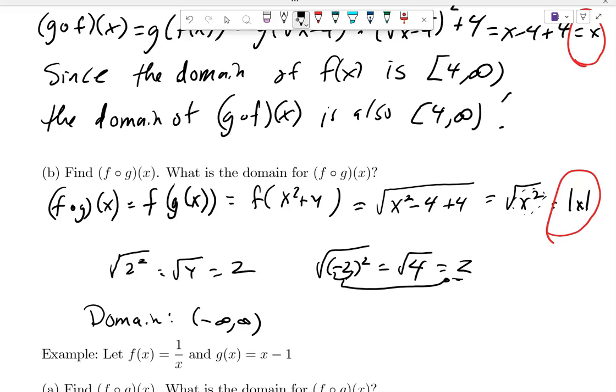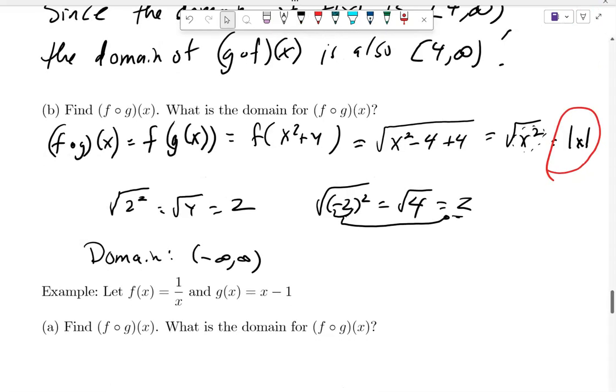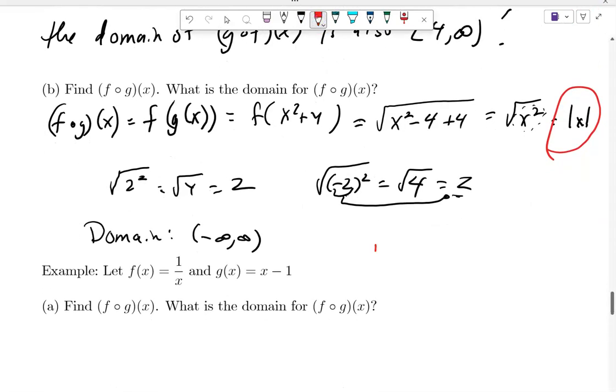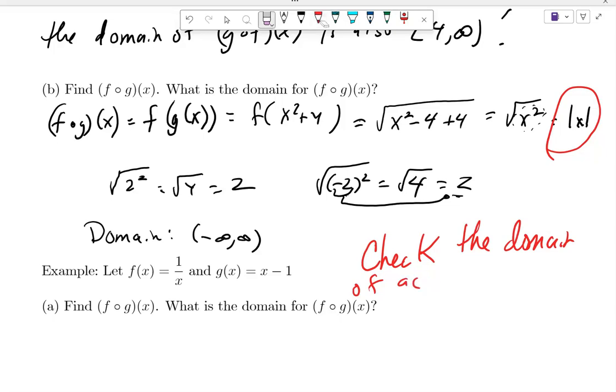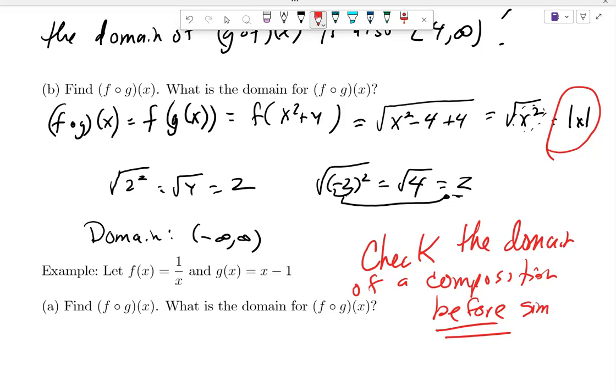The moral of the story here is if you're checking domain of a composition, check it before you simplify. Okay? Write this down. I'll even write it in red. Check the domain of a composition before simplifying.